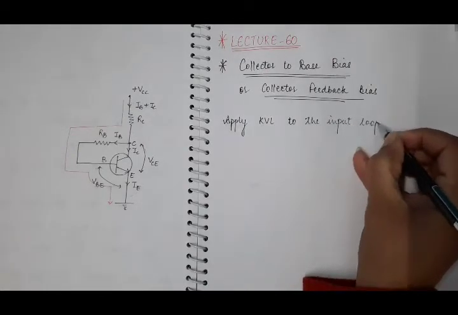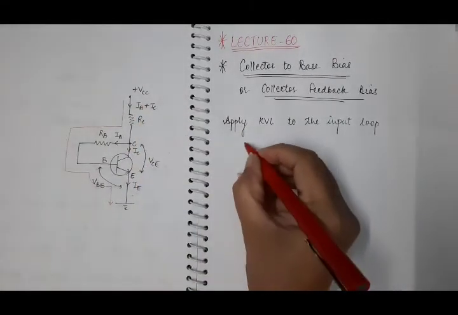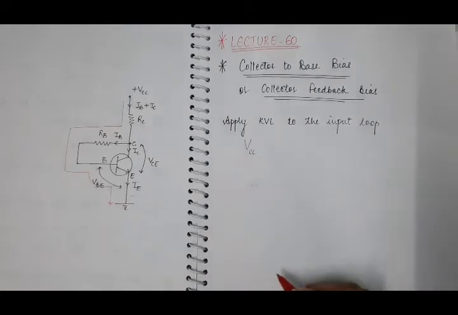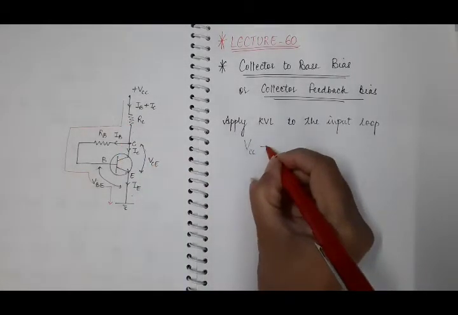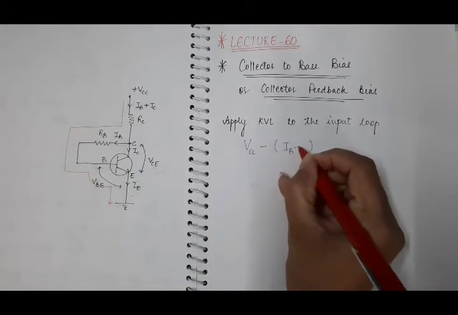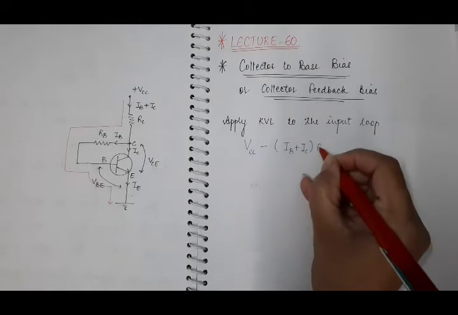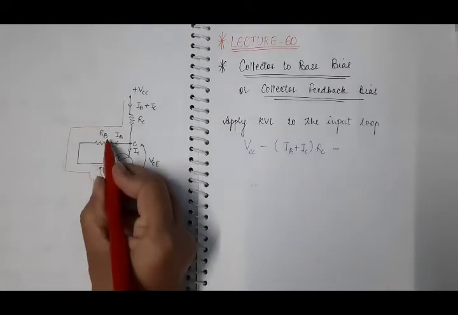Now what do we have to calculate? It will be VCC minus, what is the current through RC? It is (IB plus IC) into RC. Then minus, what is the current through RB?